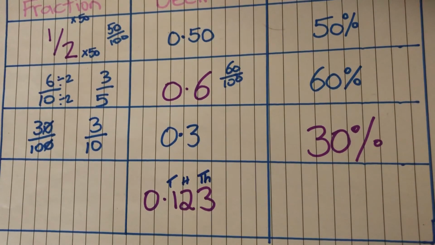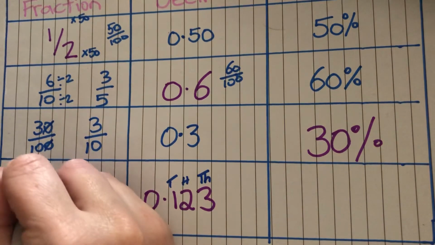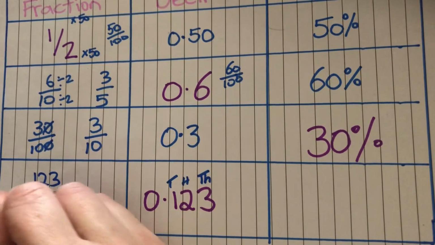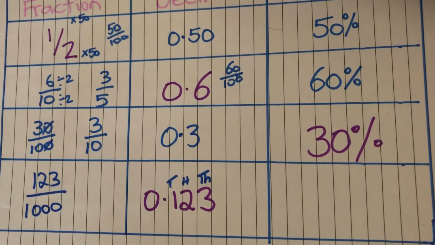So this one isn't quite as straightforward. So this fraction instead is 123 over 1,000. Okay, so I beg my pardon, it is 123 parts of 1,000.